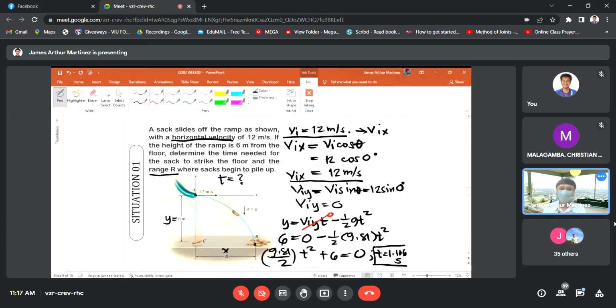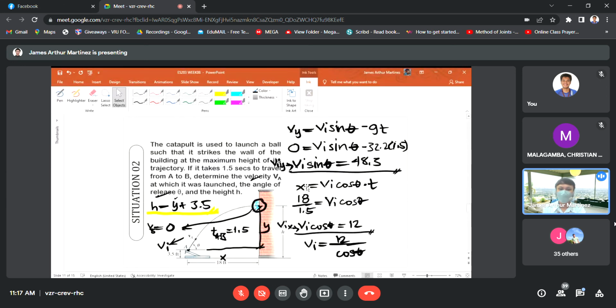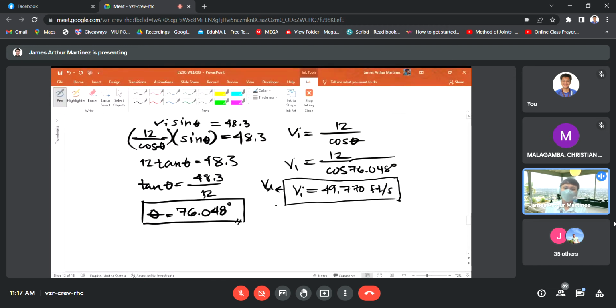So therefore, since we have VIY and VIX equal to 48.3 and 12, we can actually compute directly for VI. VI is just equal to the square root of VIX squared plus VIY squared.